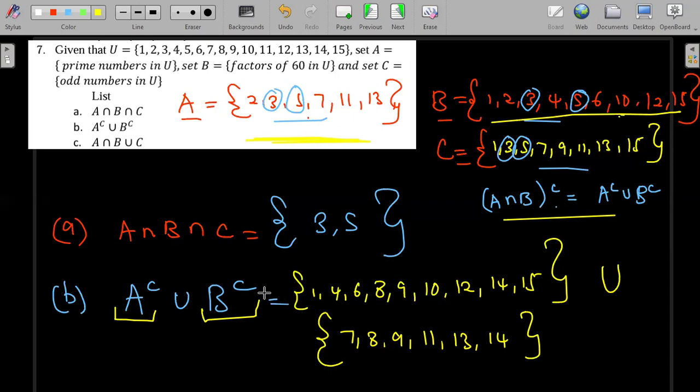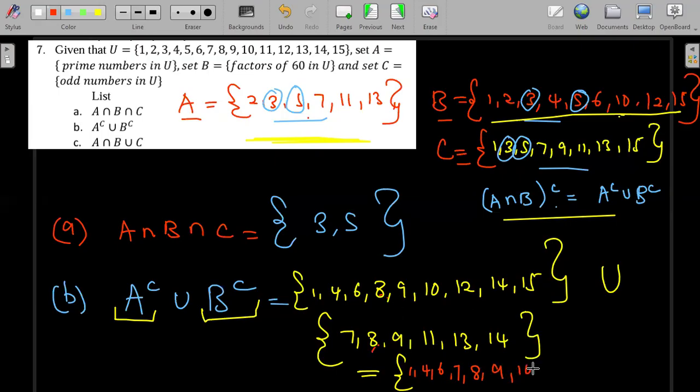Now let's combine these to make one set, which will be our A complement union B complement. We're combining this with this, minding that if any number repeats, we should only write it once. I start with the smallest, 1, 4, 6, then I get to 7. 8 is there in both, so I only write it once. 9 is there in both, so I only write it once.